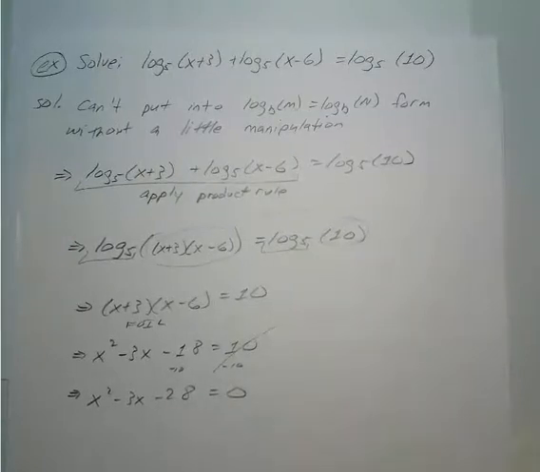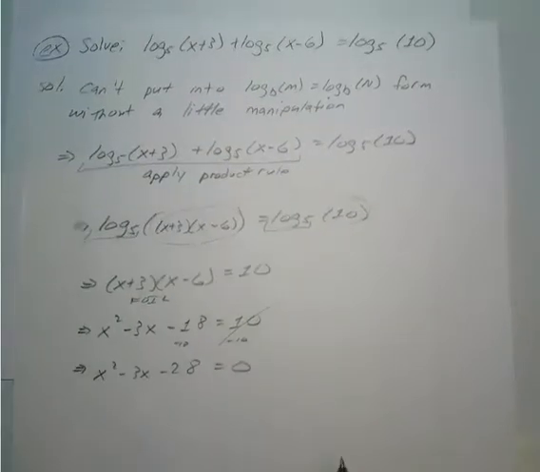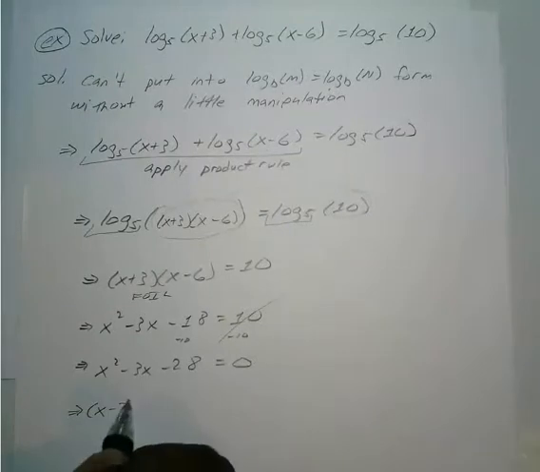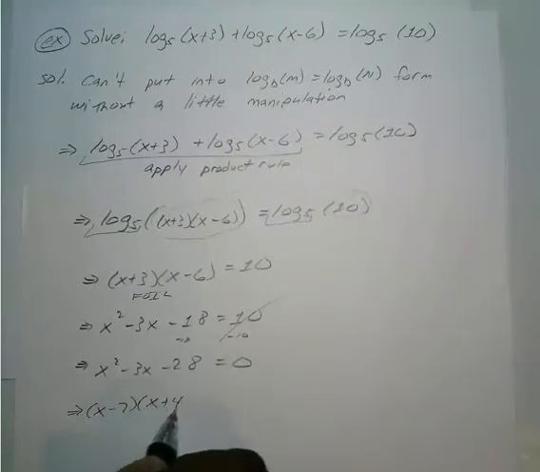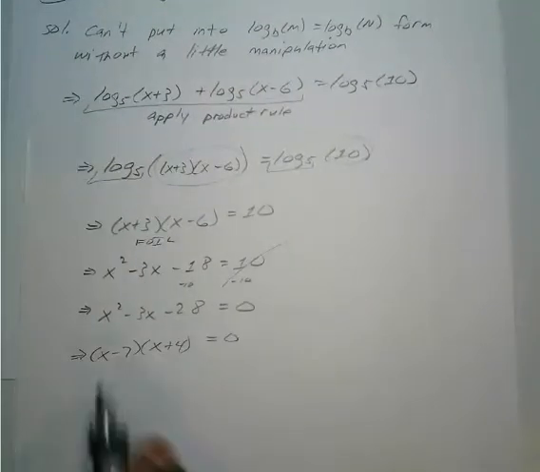Okay, so we go ahead and factor this left side. We'll end up with x minus 7 times x plus 4 equals 0. Okay, so we go ahead and set both of those to 0.